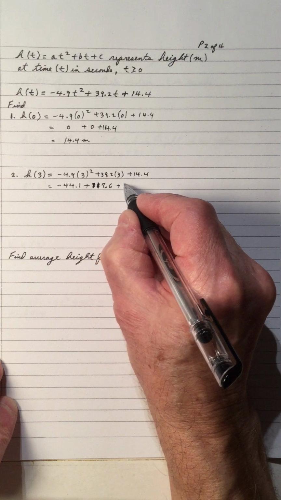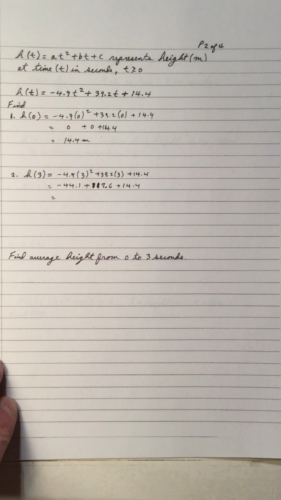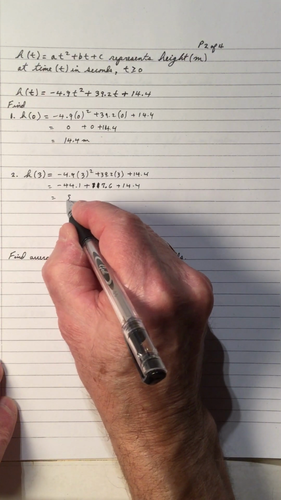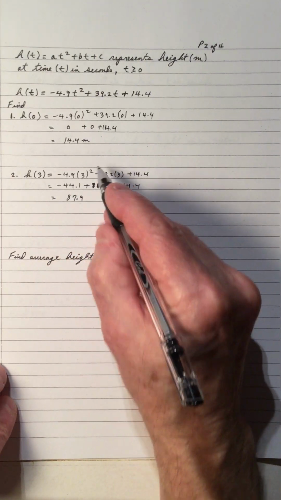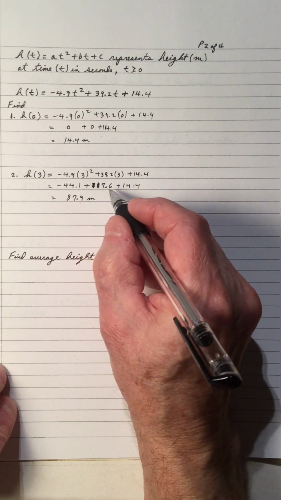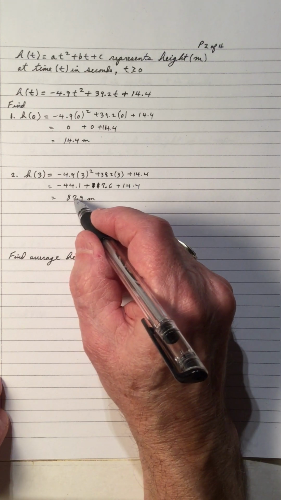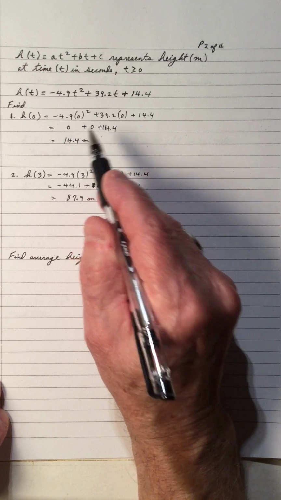And you add on 14.4. So you get 117.6, subtract 44.1, and add on 14.4, and it gives you 87.9. You can plug all this in the calculator and work it out rather than do it separately like I did here. Again, the height is 87.9 at 3 seconds, and at 0 seconds it is 14.4.